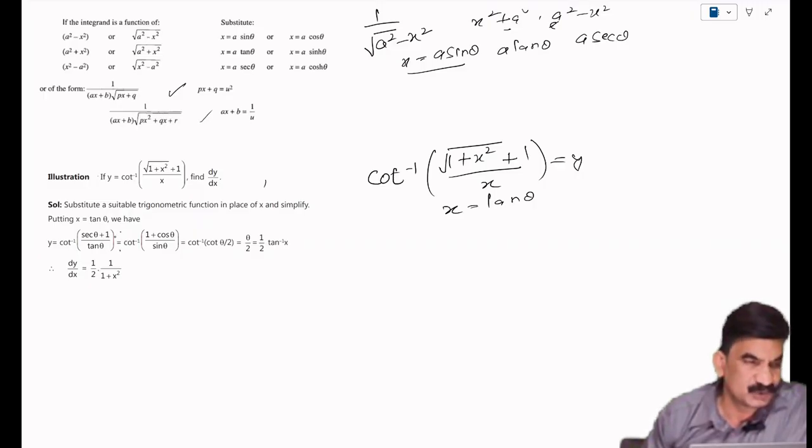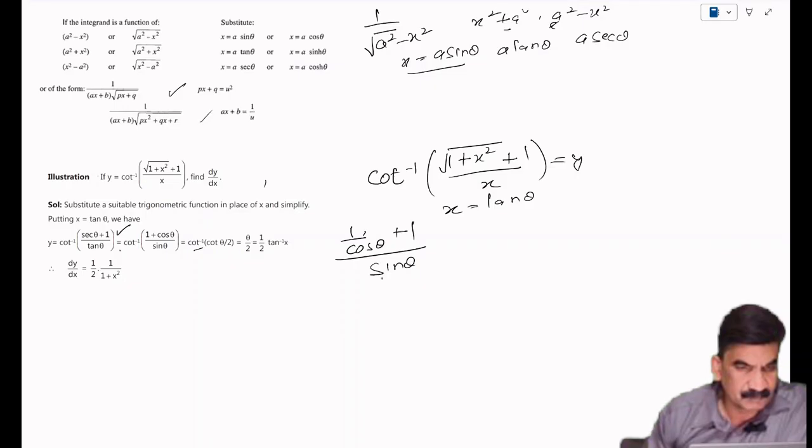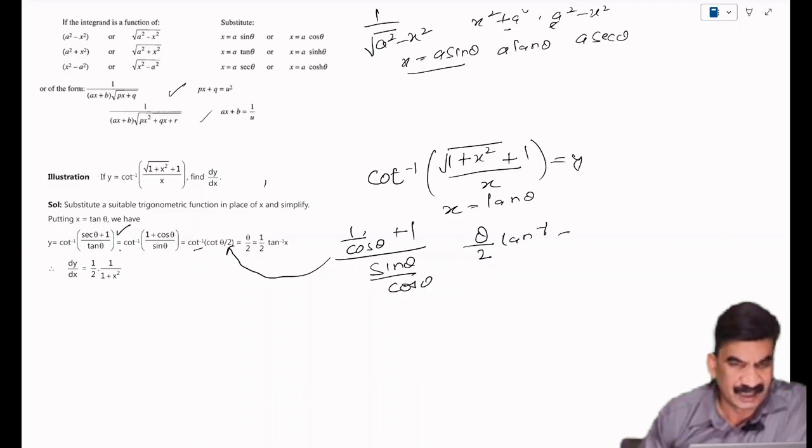And then you write sec theta as 1 by cos theta, and then simplify it. It'll be cot inverse, I hope you understand what I'm trying to say, of 1 by cos theta plus 1, by sine theta by cos theta. And then this will be this factor. And then I'll get theta by 2, that is, tan inverse x by 2. y is equal to that. Then you calculate it, and you get your answer.